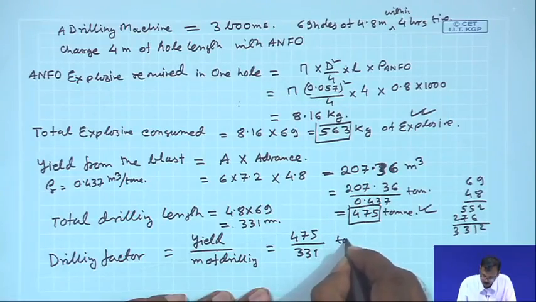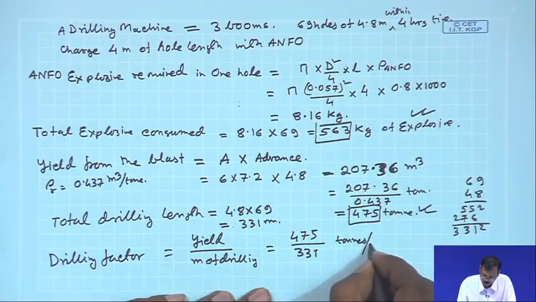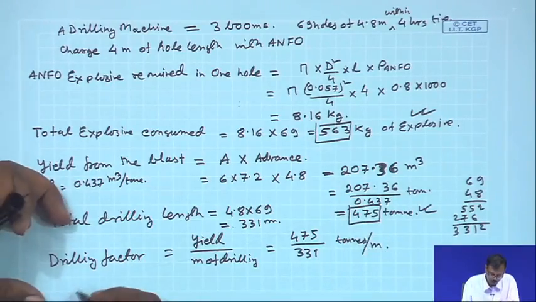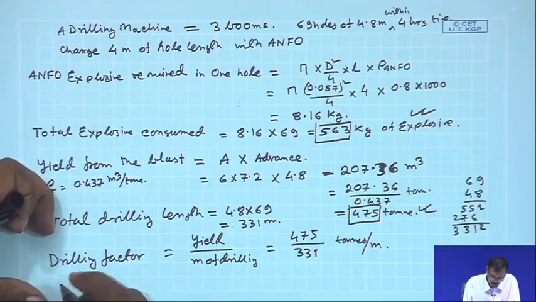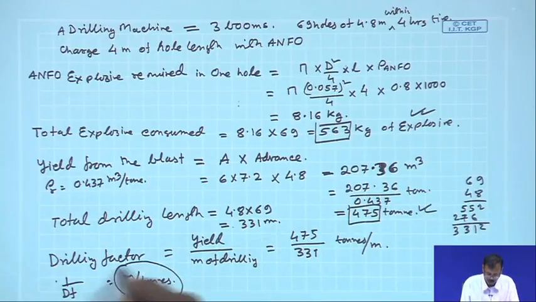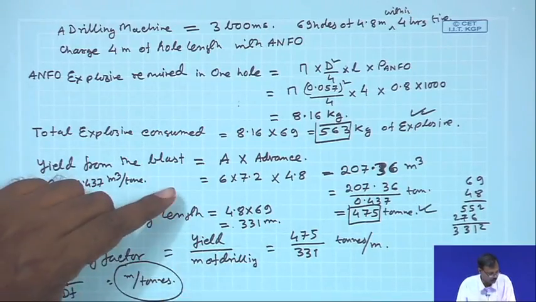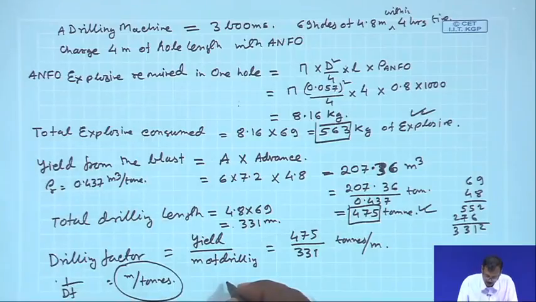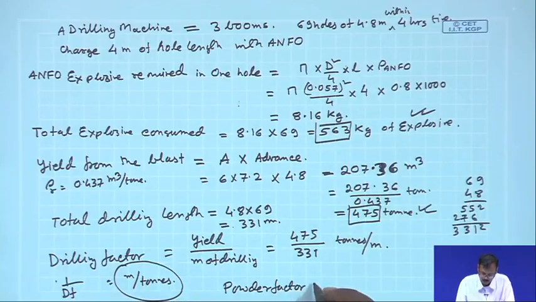So, this comes in tons per meter, or it may be expressed in a different way, meter per ton also. So, it may be 1 by df, it may be in meter per tons also, in the similar way as the charge factor. So this is the drill factor.